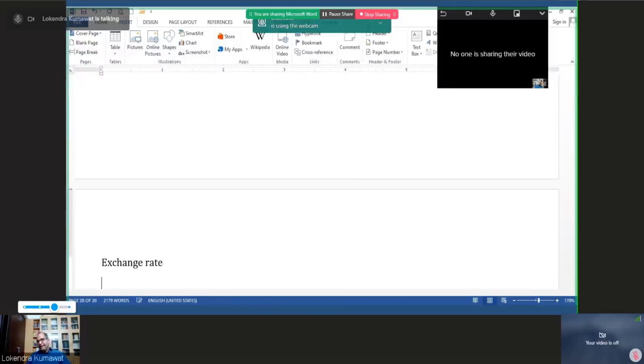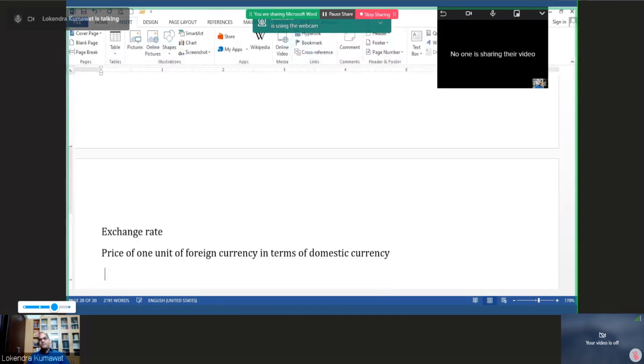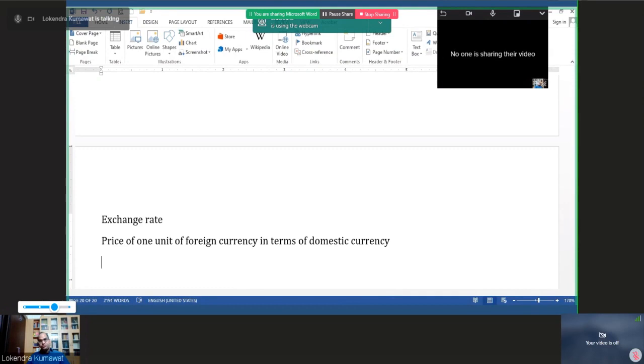Exchange rate is the price of foreign currency in terms of domestic currency. So for instance, today, in order to buy $1 you require 76 rupees.